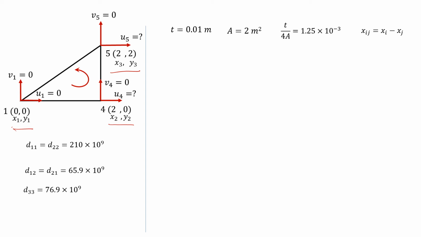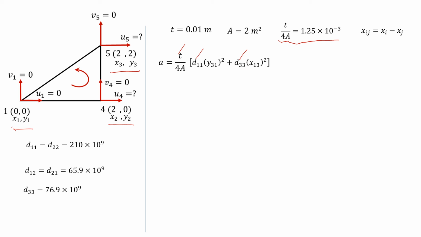Next, to start our calculation, again, we just need to calculate the term T over 4A in the first place in order to simplify our calculation later on. In this case, the T over 4A is similar to element 1, which is 1.25 times 10 power negative 3. And then we can start to determine the value for term A. Again, the term T over 4A is already calculated, D11 and D33 are already calculated.